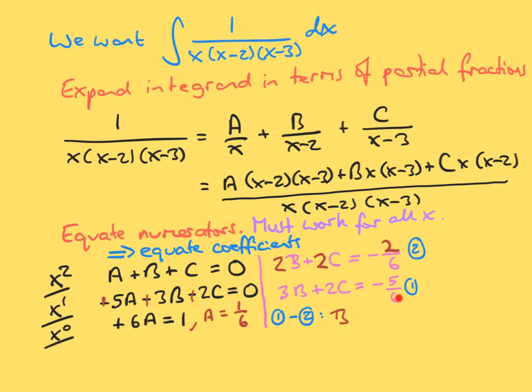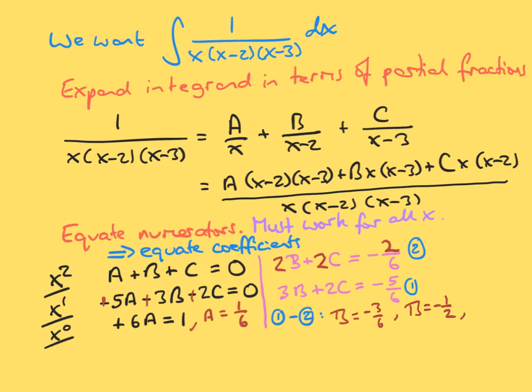And then here we have minus 5/6, and now let's be careful, it is minus 2/6. So it's minus 5/6 plus 2/6, so we get minus 3/6. And that means that b is minus 1/2. And that's our second result.